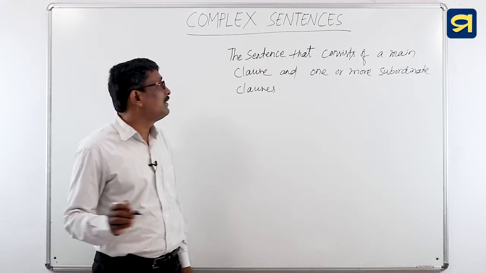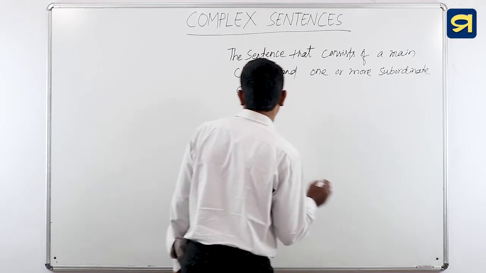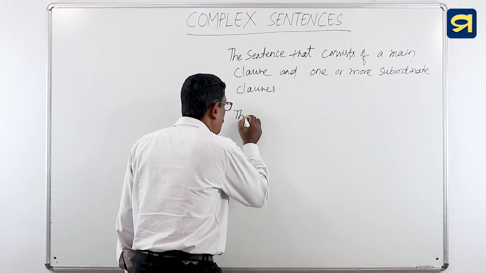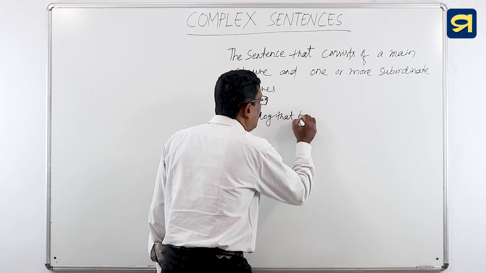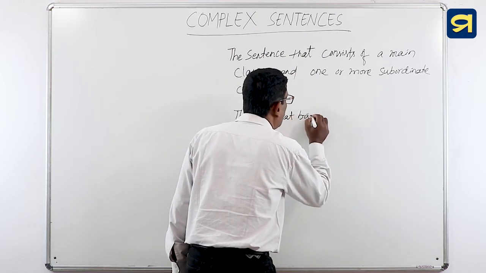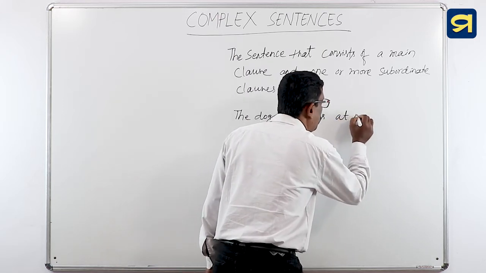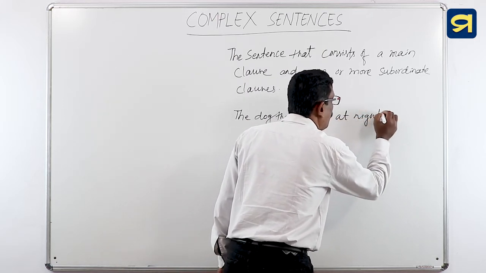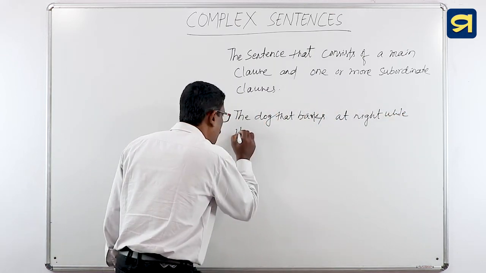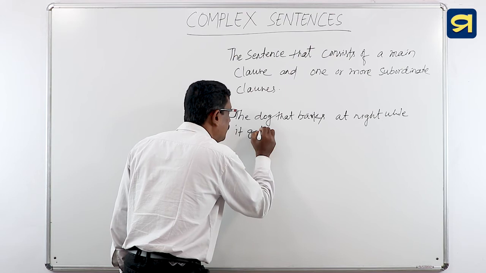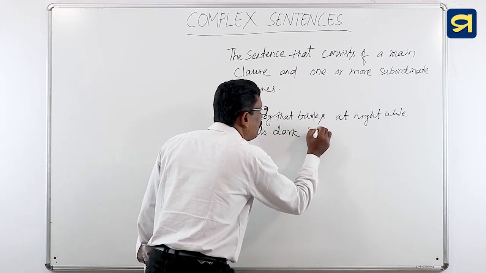Let us take another example of a complex sentence which has two subordinate clauses. The dog that barks at night while it gets dark is mine.